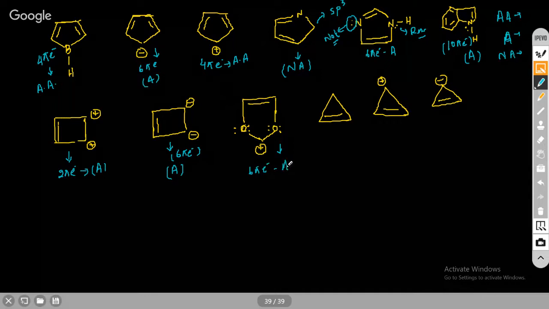The compound is aromatic. Okay, so this lone pair will not be there in the question. You should know this: oxygen bonded with 2 bonds, so 2 lone pair. Nitrogen bonded with 3 bonds, so 1 lone pair. This information you should have. Right, so it is also aromatic. What about this one?